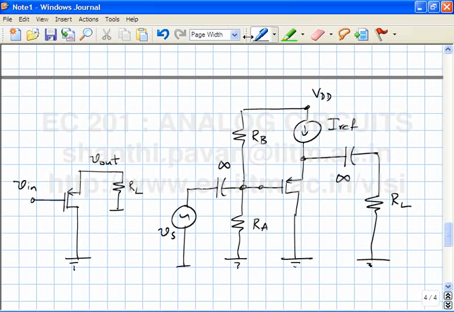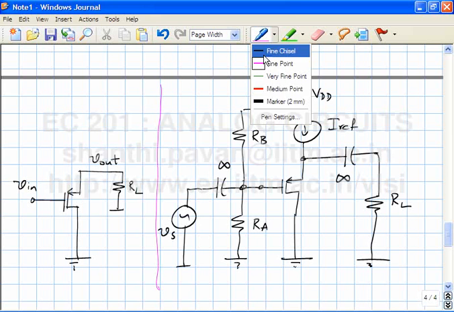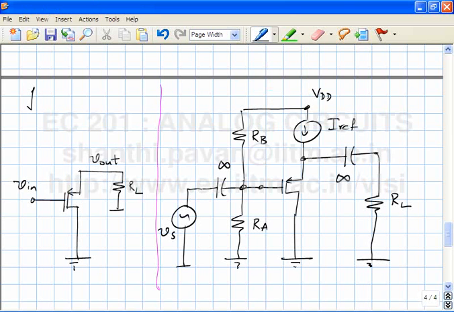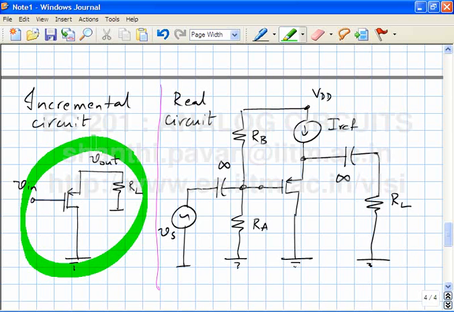So this circuit here on the left side represents the incremental circuit, and this is the real circuit. And if you go into the lab and do this, you will get nothing.